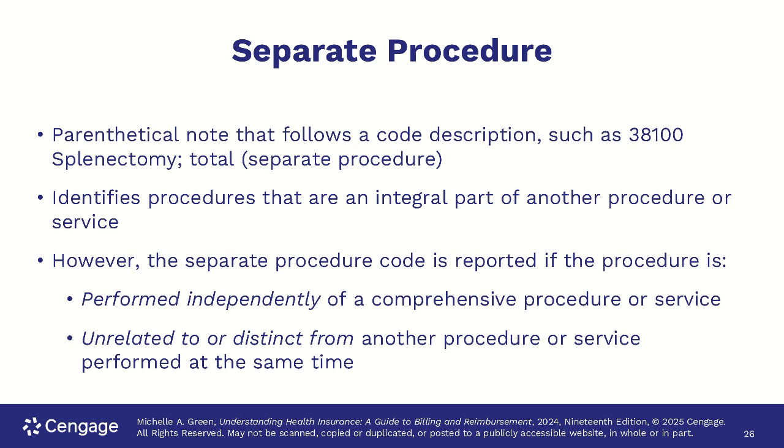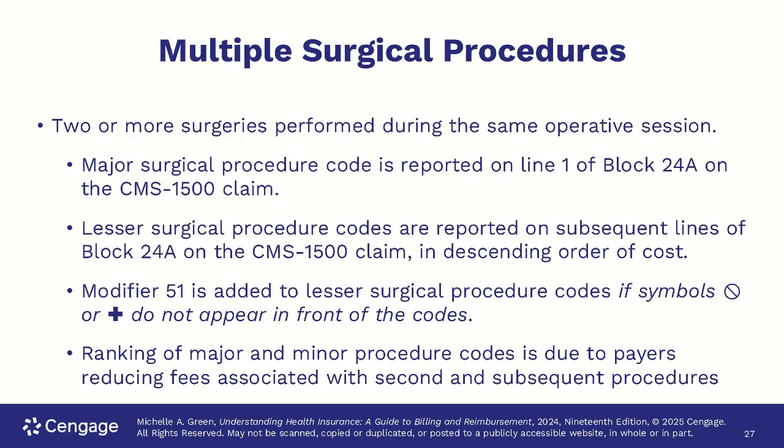separate and distinct. In the book, they have a little bit more detail where they get into modifier 51 or 59. And this is basically in the situation when you have multiple procedures.